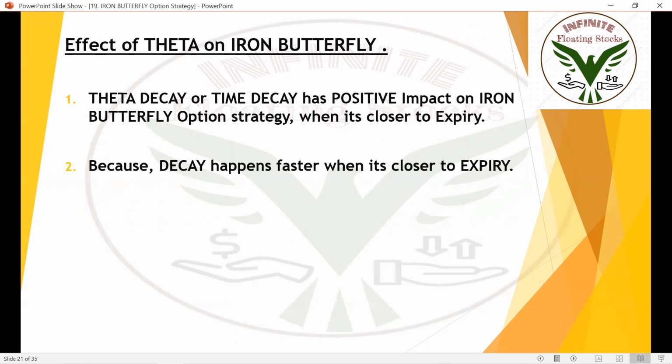Theta decay happens faster when it is closer to expiry, and it has a positive impact because we want the market to stay in that range. We are implementing short straddle first and then making it Iron Butterfly to convert maximum loss to minimum loss, that means to convert unlimited risk to limited risk.